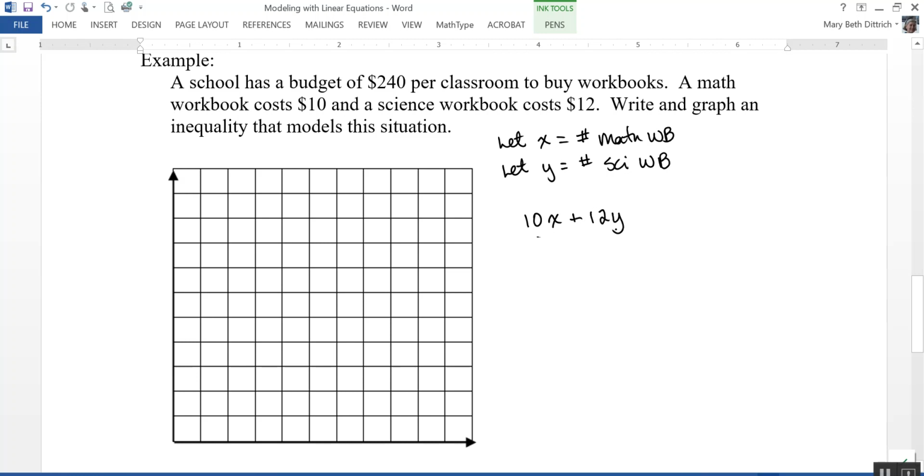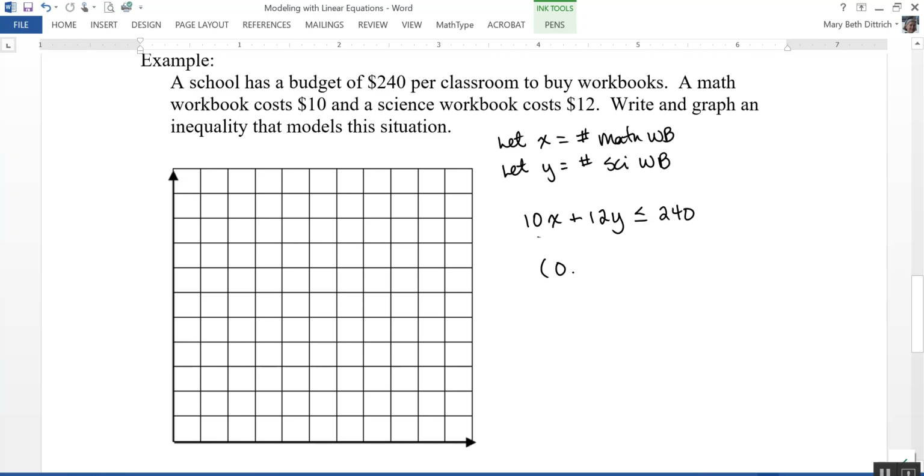And the total cost of math workbooks plus science workbooks cannot be greater than $240, so it's got to be less than or equal to $240. And that's a perfectly acceptable way to leave your inequality, which actually makes a lot of sense for this one, because this looks very much like standard form. I'm going to go ahead and graph this using x and y intercepts.